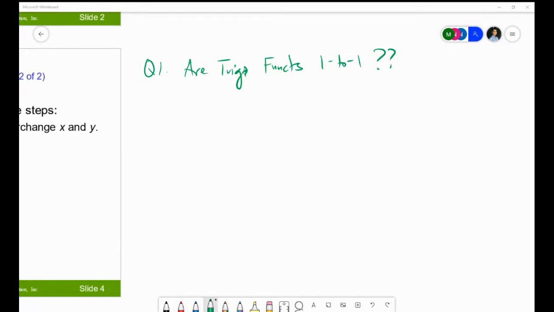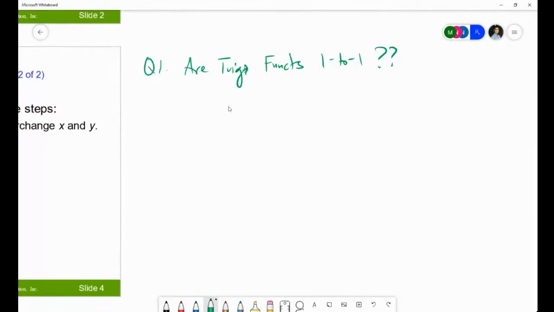I'm pretty sure that trig functions are one-to-one. Okay. Why are you so sure? For every input, there's one output. Okay, well, let me sketch an example for you.